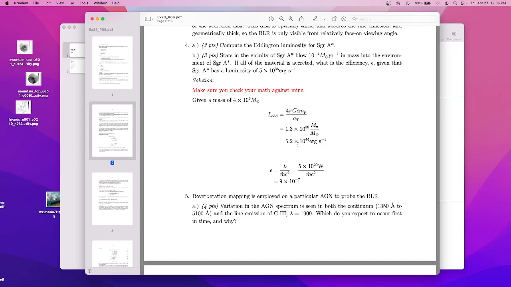This is a differential equation: dM/dt times epsilon c squared, just numbers, equals L Eddington over solar masses times M.